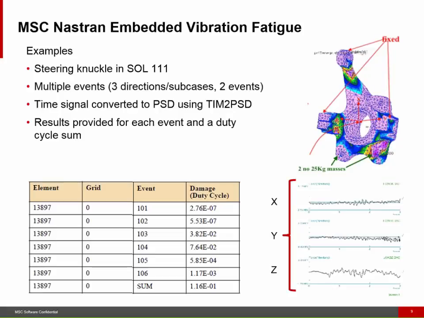And you can see here that the results are reported for each event, and finally also a total damage for the duty cycle, so a sum of the damage. And in this case we look at the element centroid for the results. That means that the grid ID is 0, but you can also calculate the fatigue life at the grid locations.